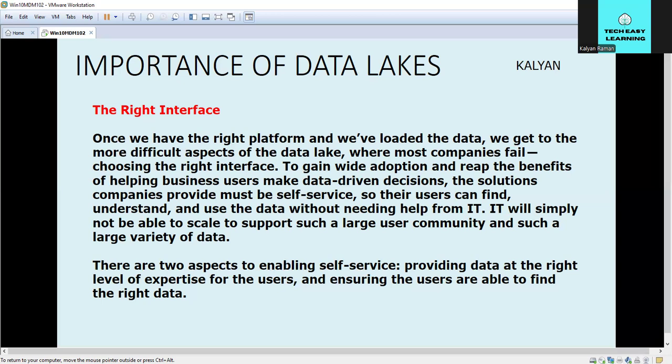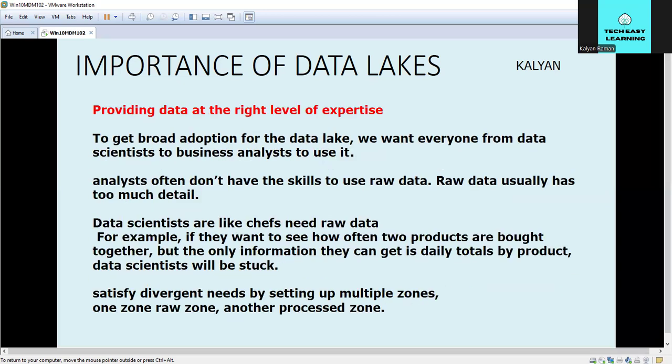There are two aspects of enabling self-service: providing data at the right level of expertise for the user and ensuring the user is able to find the right data. So having the right interface helps the user to get the right data. Because the analysts don't have the skills to use the raw data.